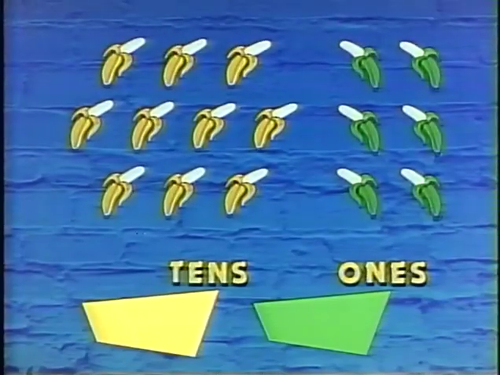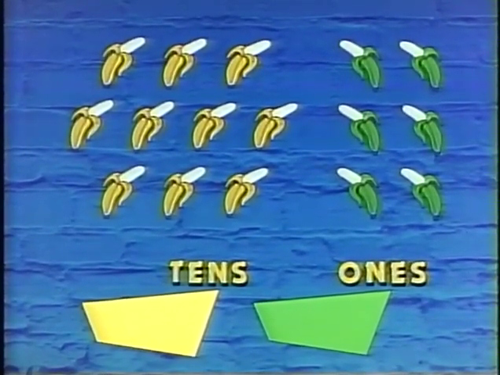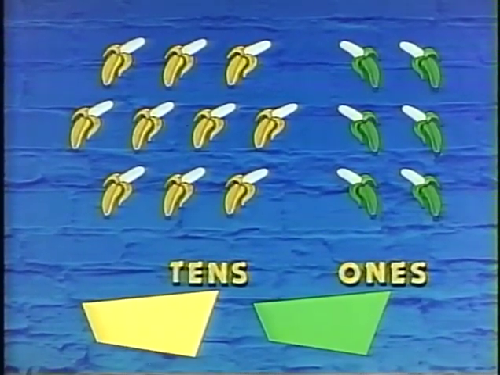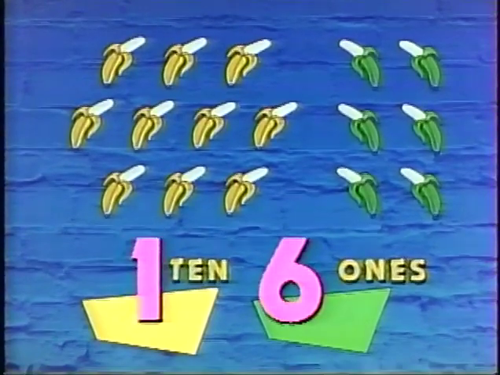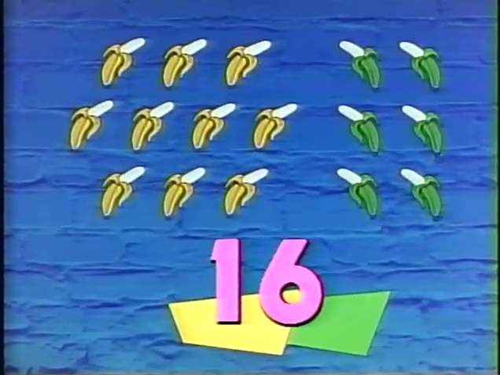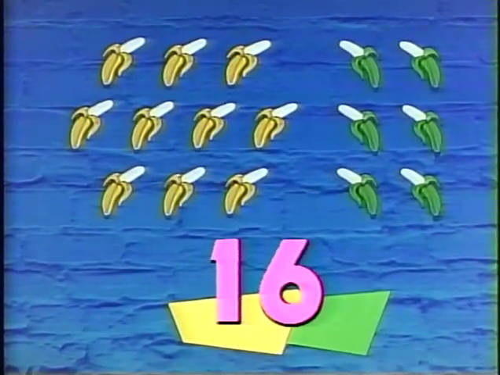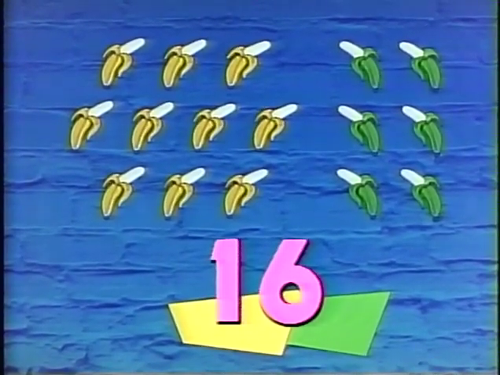Here is one set of 10 bananas and a set of 6 bananas. How many bananas are there? There are 16 bananas. We use the numeral 1 to stand for the number of tens and the numeral 6 to stand for the number of ones.